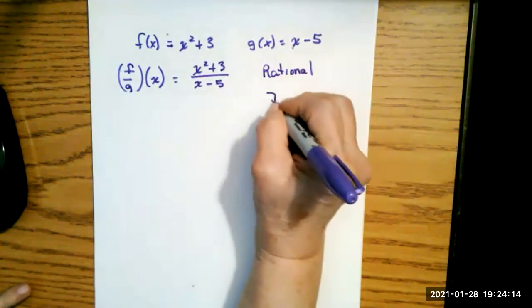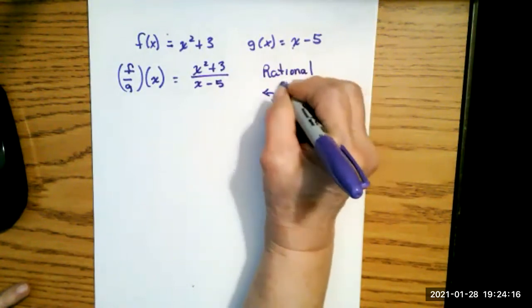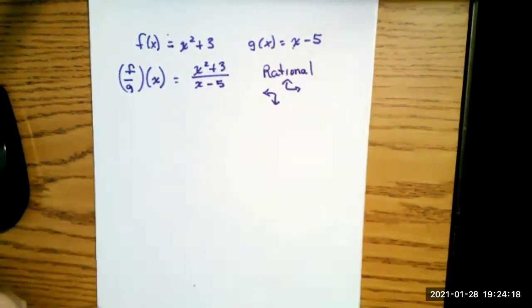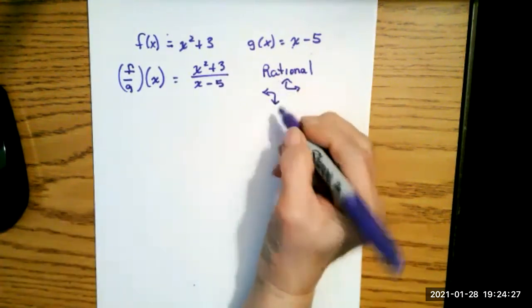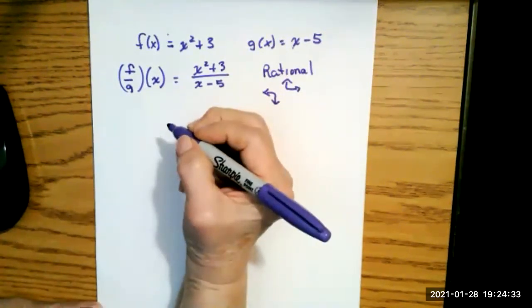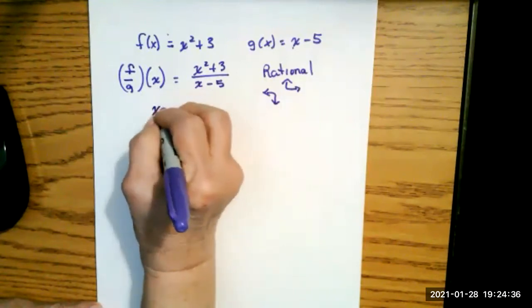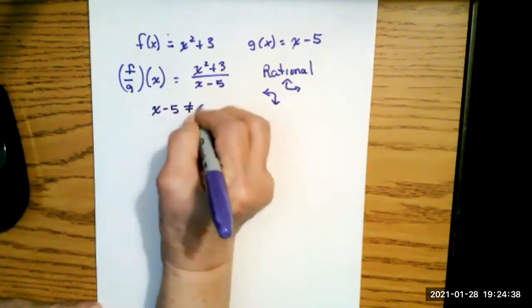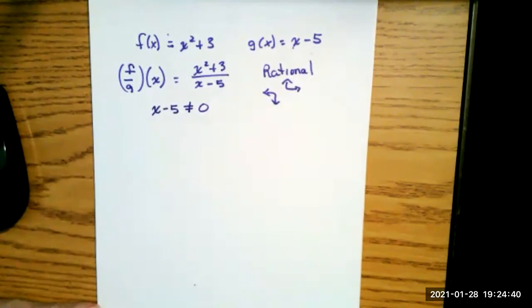So it's going to look something like this. It's going to be that split curve that rational functions have. And there is some place that is undefined. That happens every time. It's where that split is. Where is it undefined for this problem? Do we know? What was our process? We say that X minus 5 does not equal what?